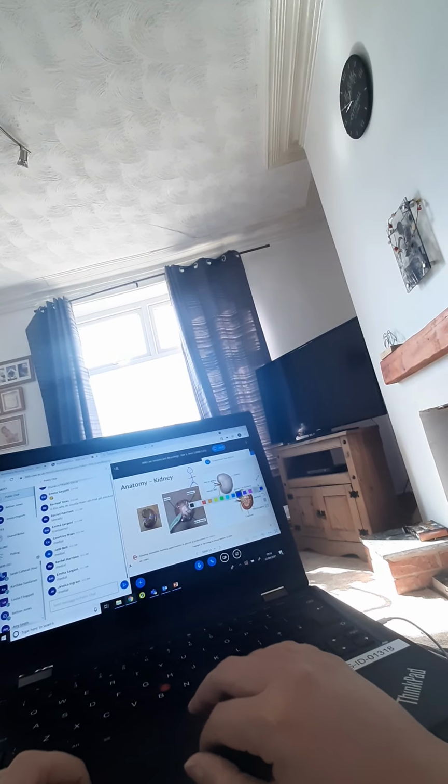This would be the median plane. This would be the transverse plane. And then if I was to draw a stick man on his side, just change the colour.